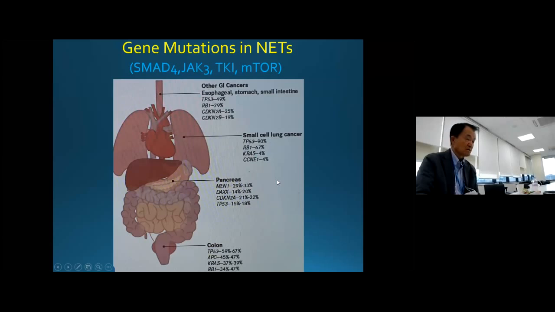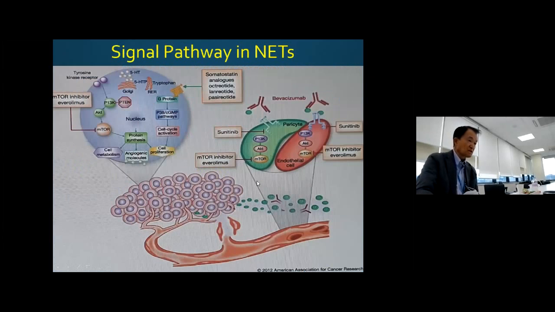We now have a sort of targeted therapy based on these genes. So just like every other cancer, there are many influencing genes in the pathways that make tumor cellular proliferation and eventually metastasis.